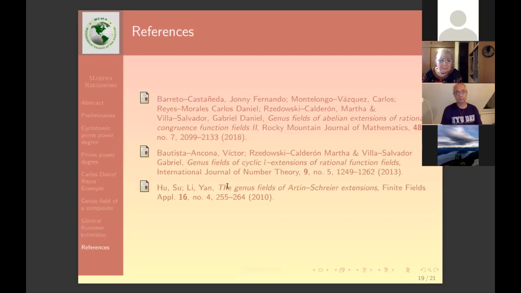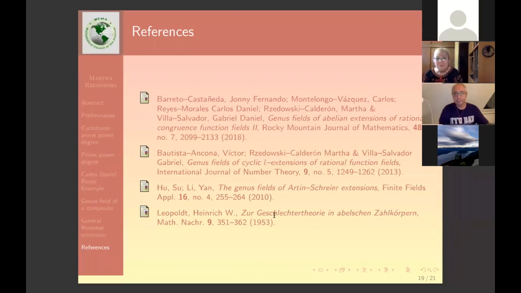This is a previous result of Hu and Lee that talks about genus fields of Artin-Schreier extensions, which are somewhat unrelated to us at this moment. And Leopoldt, who developed this technique of Dirichlet characters for number fields.